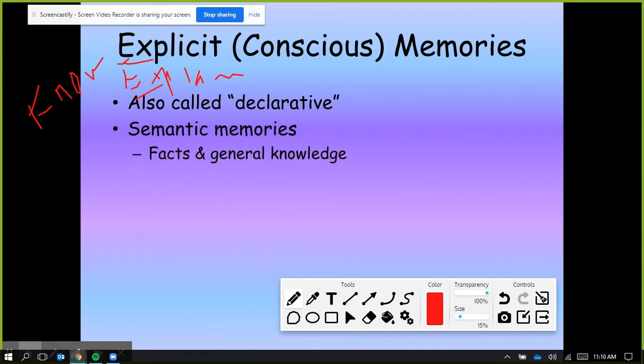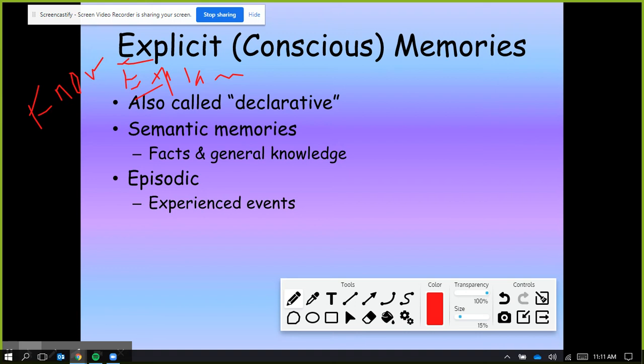Now, there are two types of these. Semantic memories are facts and general knowledge, things that we learn in school. And then there are episodic memories, which are experienced events, memories from our life. I know that my birthday is January 29th, 1987.